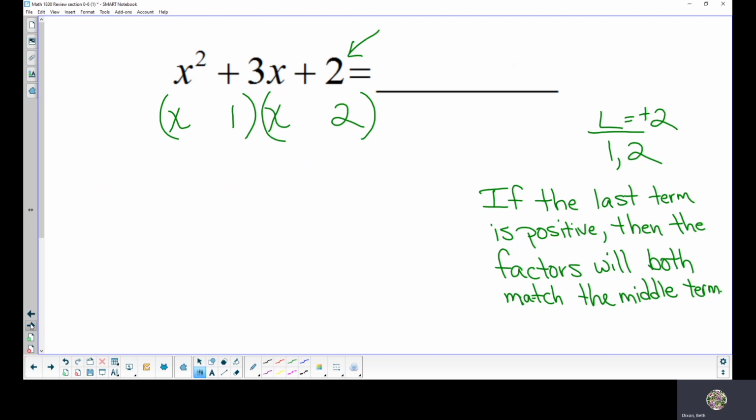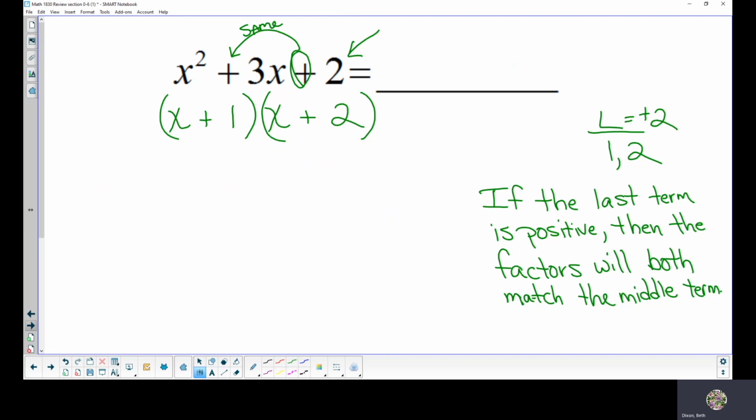In other words, if this last term here is positive, the signs in these answers, which are the factors, will both be the same as that middle term, in this case, a positive. So if that last term is positive, they'll both have the same sign as that middle. In our case, that's both positives.